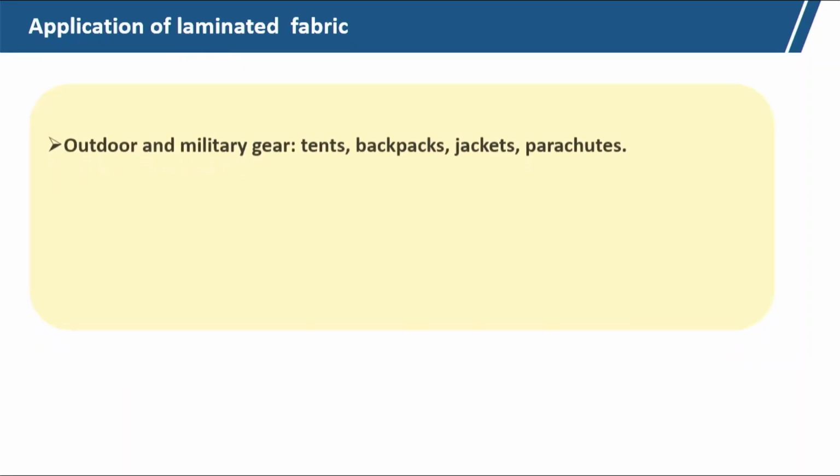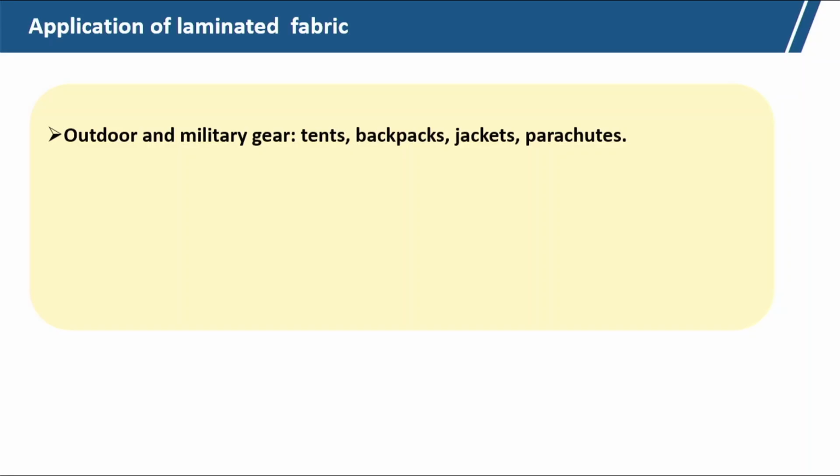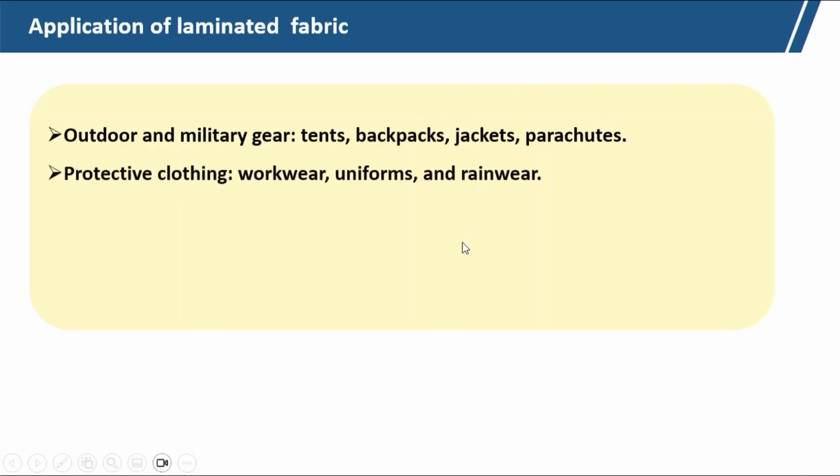So, the applications are outdoor and military gear like tents, backpacks, jackets, parachutes, where we need special characteristics, like protective clothing, workwear, uniforms, and rainwear or maybe fire protective gear, sportswear and activewear.